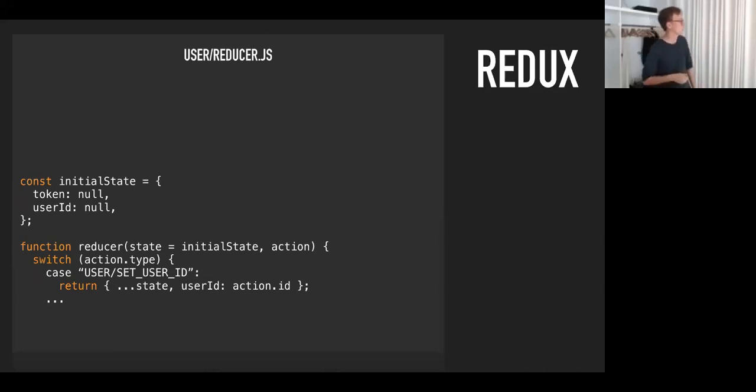This is just something I made up. But for the user reducer, there might be an initial state with a token and a user ID, and then it takes an action. This is just plain Redux. What we would like here is that maybe the action doesn't have an ID, maybe it has a user ID. That's the type safety we would like to have.